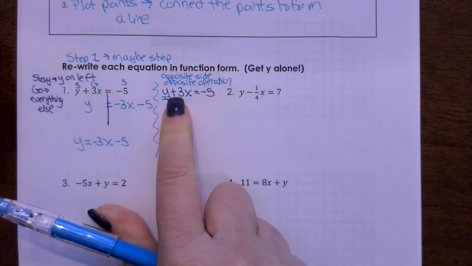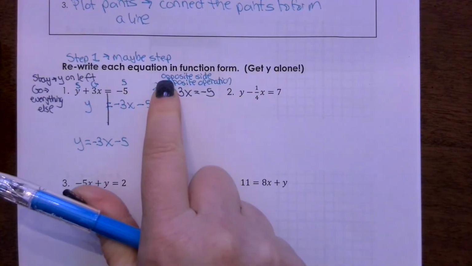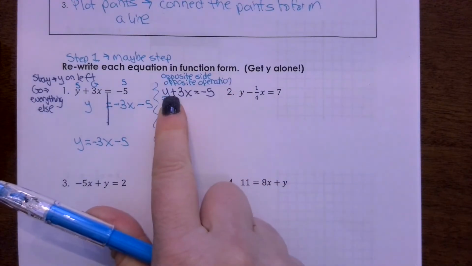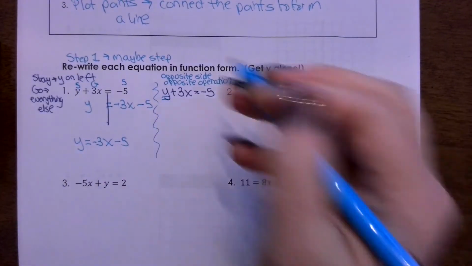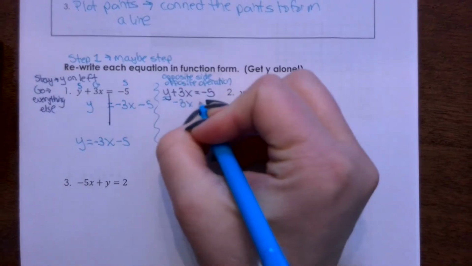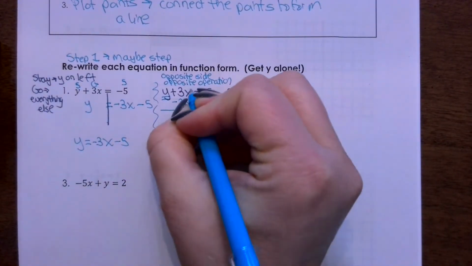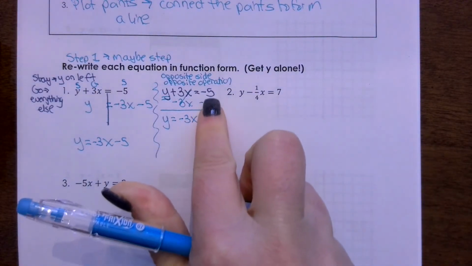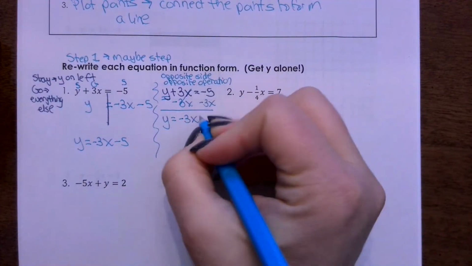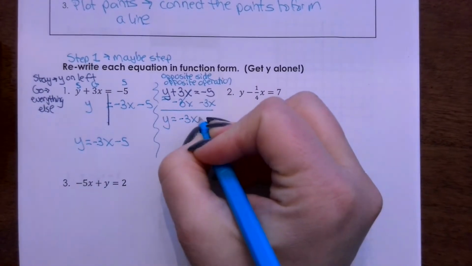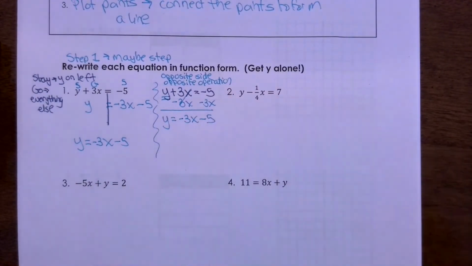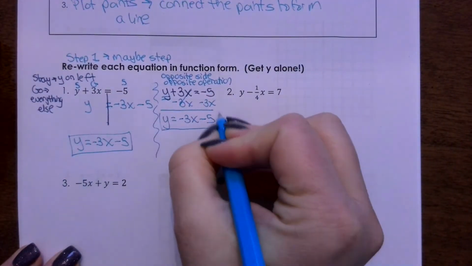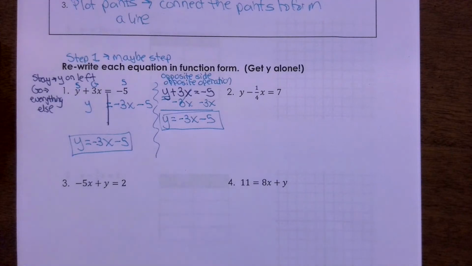If I want to get this plus 3x to the opposite side, I'm going to use the opposite operation. The opposite operation of plus 3x is minus 3x. And I get y equals negative 3x. I can't combine that with a negative 5 because this is a constant and this is a coefficient and a variable. And I come up with the same equation. So two different ways, same equation when I rewrite it.